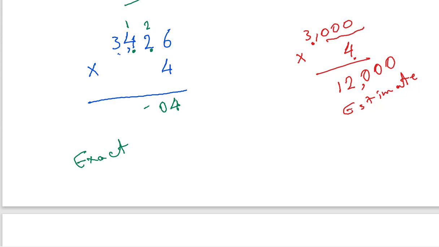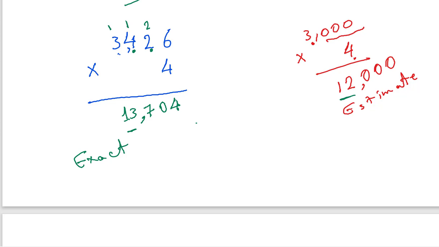So 7 and carry up 1. Now 3 multiplied by 4 is 12. 12 plus 1 is 13. And ones, tens, hundreds, comma, so 13,704. And as you can see, this is 12,000 and this is 13,000.